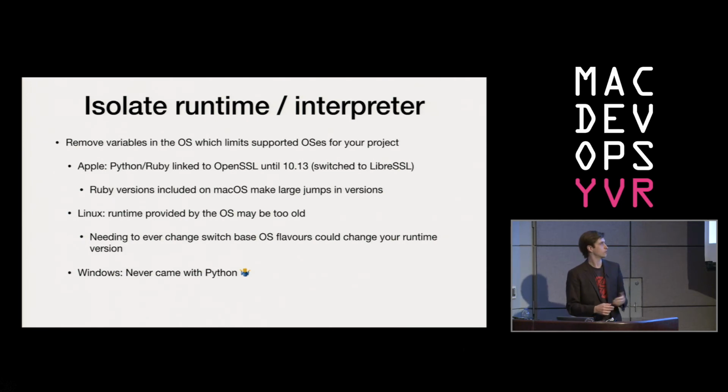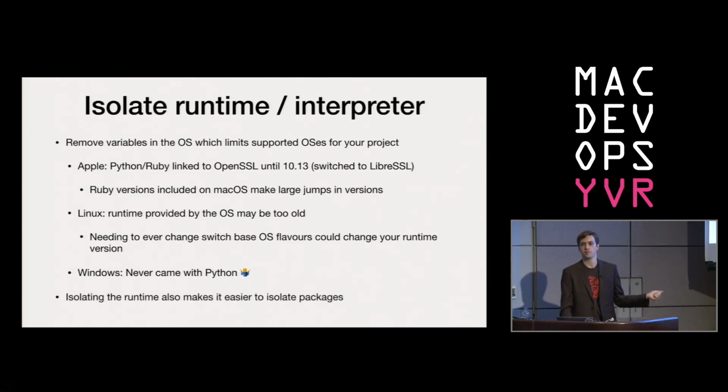For Windows, you're going to have to install Python anyway, so you might as well use the same tools that you can use on Unix as well. Again, the idea here is really just isolating the interpreter from whatever came with the OS, so that you remove that variable entirely.